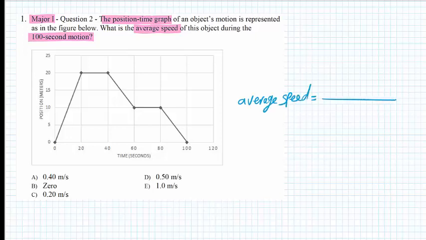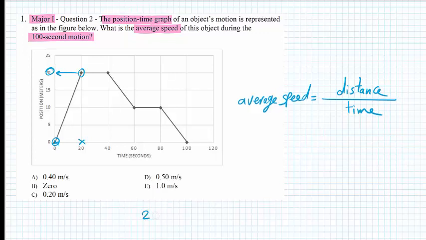speed? Average speed is the total distance over total time. So we need to find the total distance here. To find the total distance, you need to accumulate all the distances over all the periods. What is the total distance? From 0 to 20, the object moves from 0 up to this position 20.